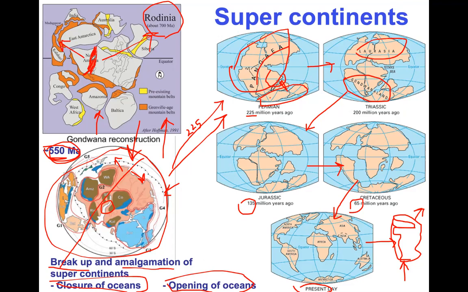When this continental fragment moves in this direction, what happens to the already existing ocean here?